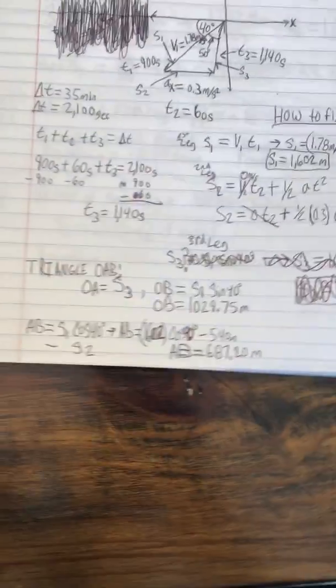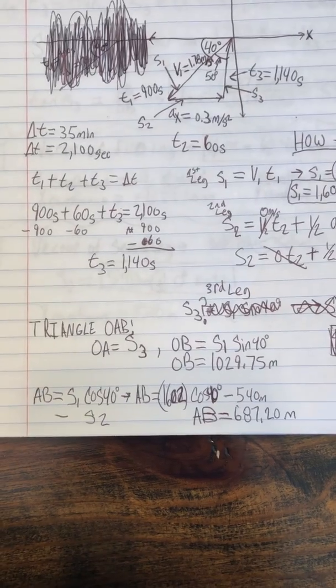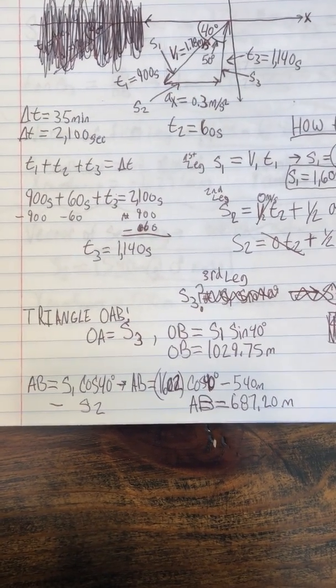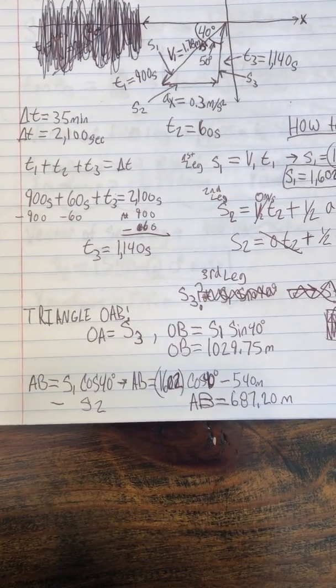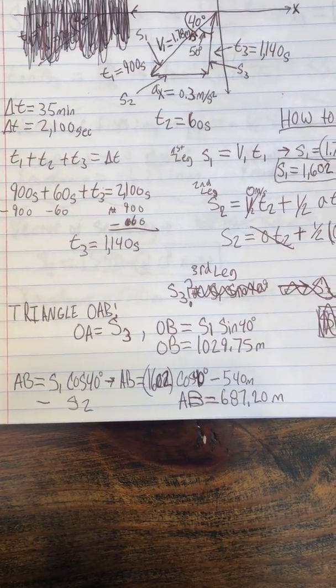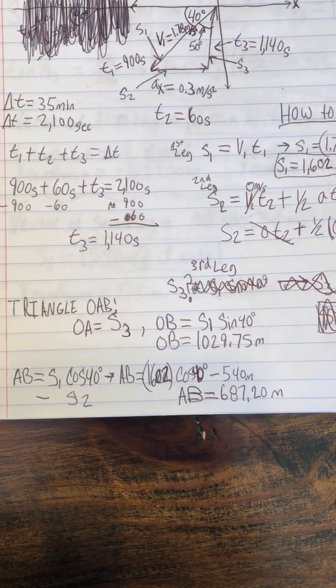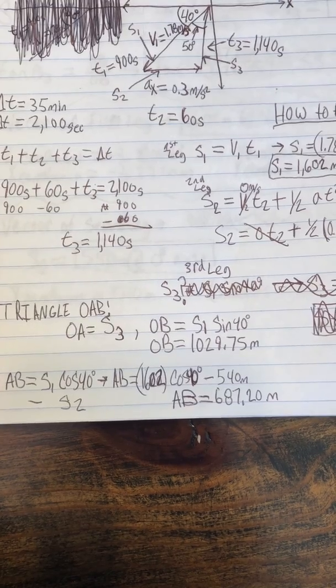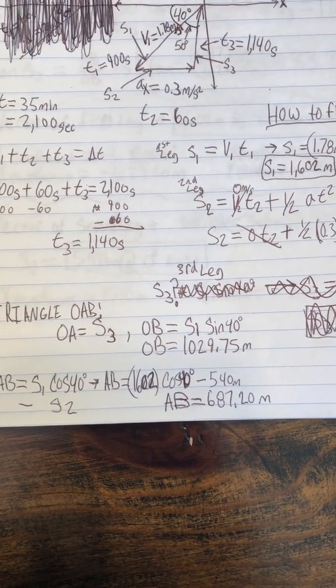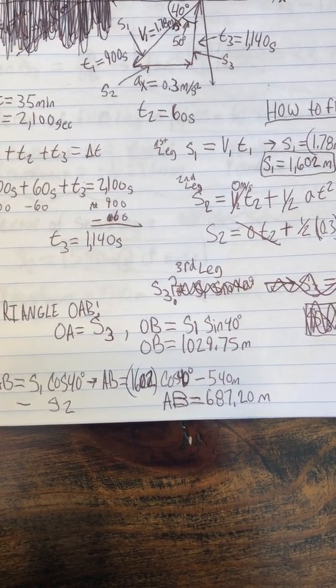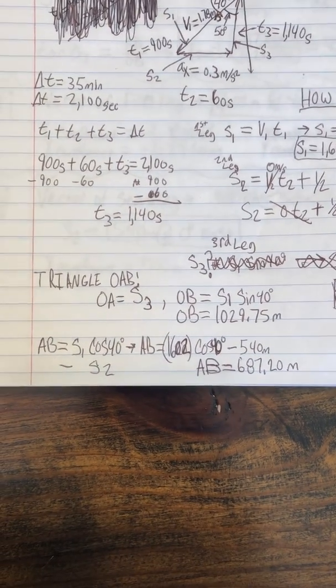The third leg, we set up a triangle OAB. So OA equals S3, the third leg. OB equals S1 sine 40, which is 1,029.75 meters.